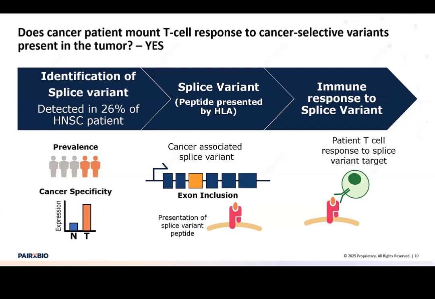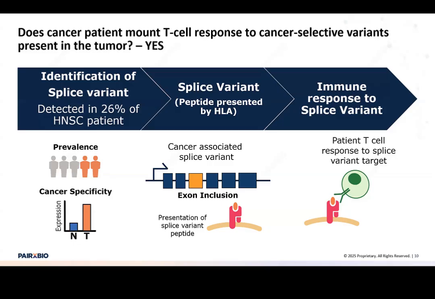How we did it is that we took the sequence from this cancer-associated splice variant and looked for peptides that can be presented by HLA molecules. What we found is that there was a particular peptide in this splice variant.